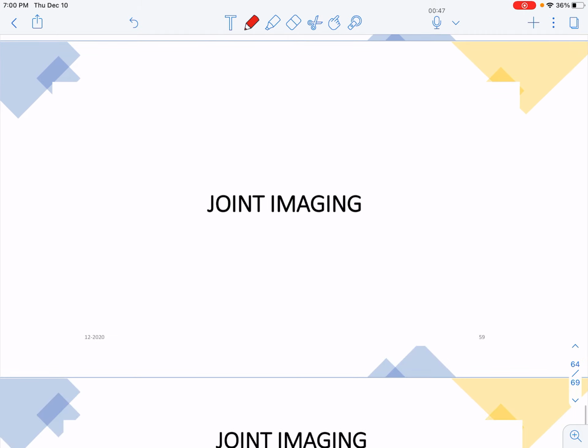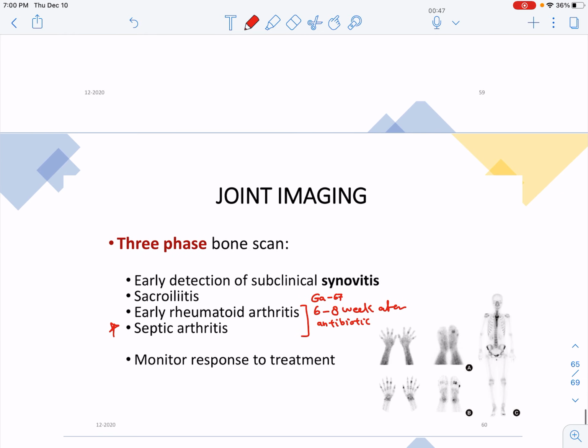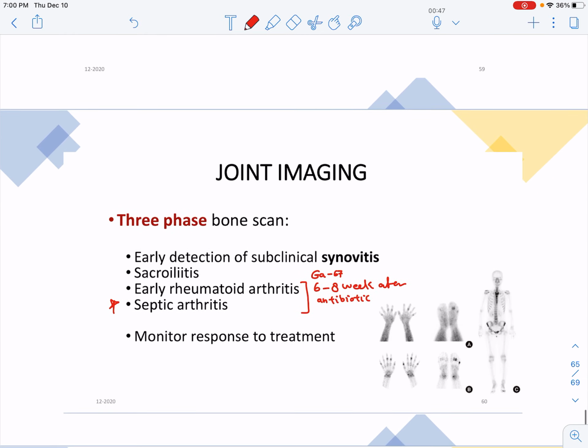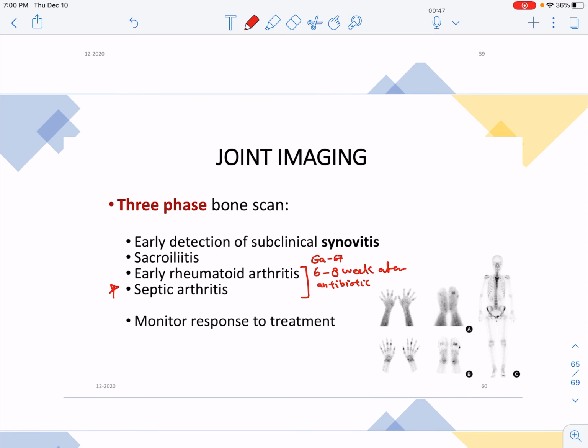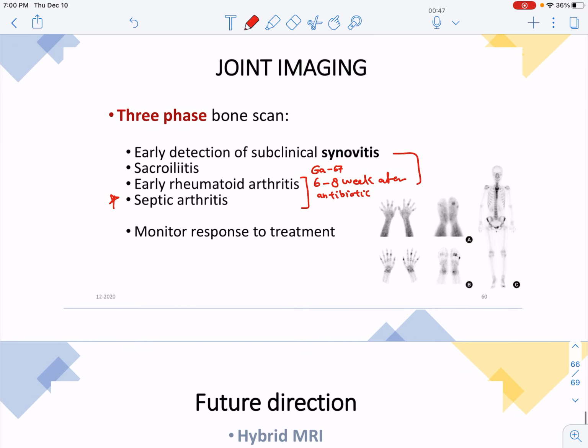And here the joint imaging for 3-phase, we can use 3-phase and joint imaging, and also we can use gallium-67 in septic arthritis and early rheumatoid arthritis. If the patient starts the treatment, we can use it after 6 to 8 weeks to assess how the patient is responding to the treatment.